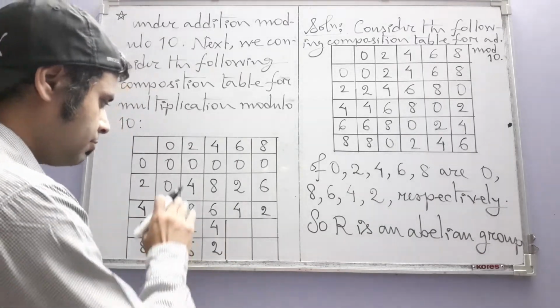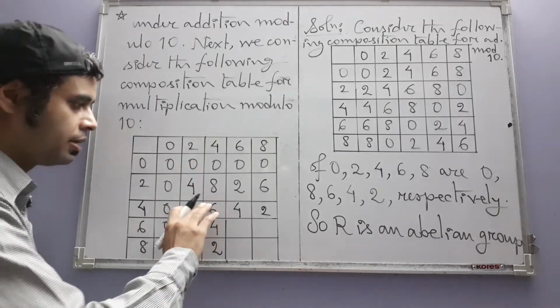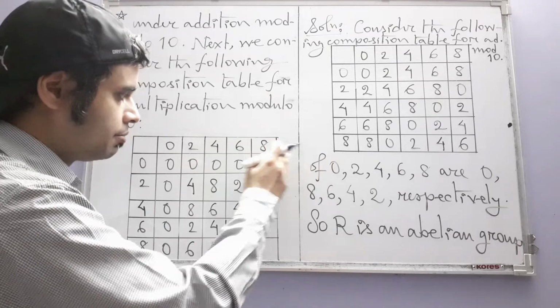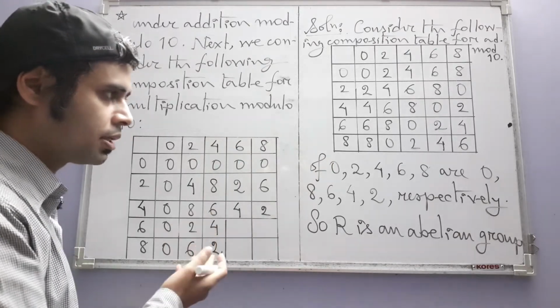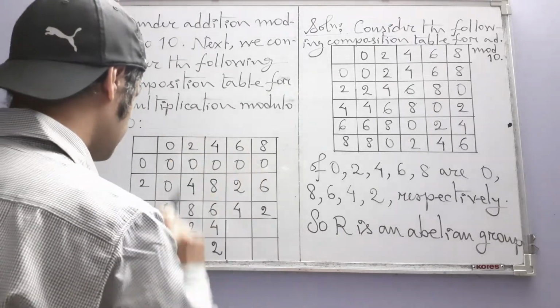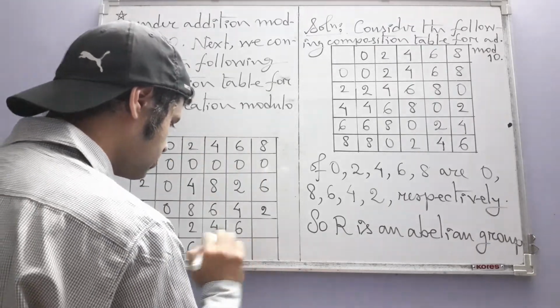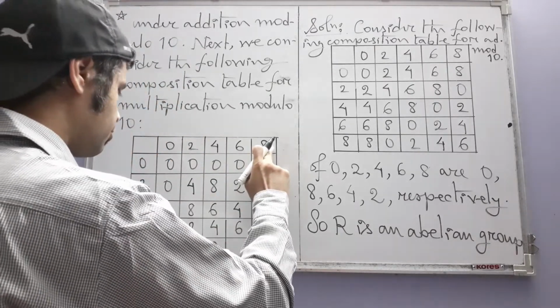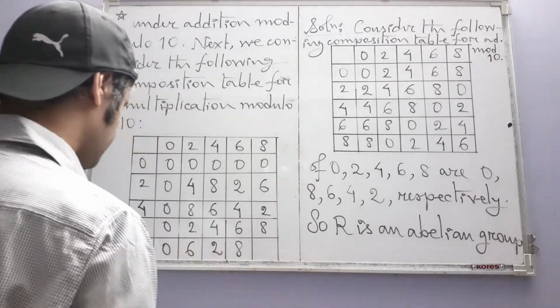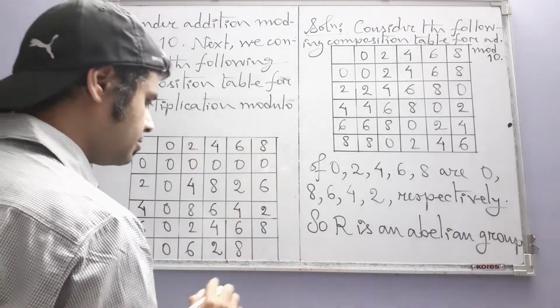And keep in mind that we are doing it similarly, just like that one, because like addition modulo 10, multiplication modulo 10 is also a commutative operation. Then 6 times 6 is 36. So 6, 48, 8, and finally 8 times 8 is 64.